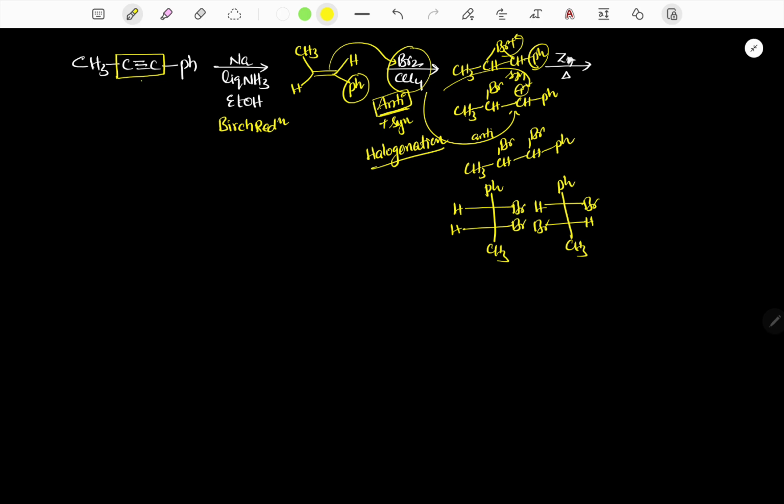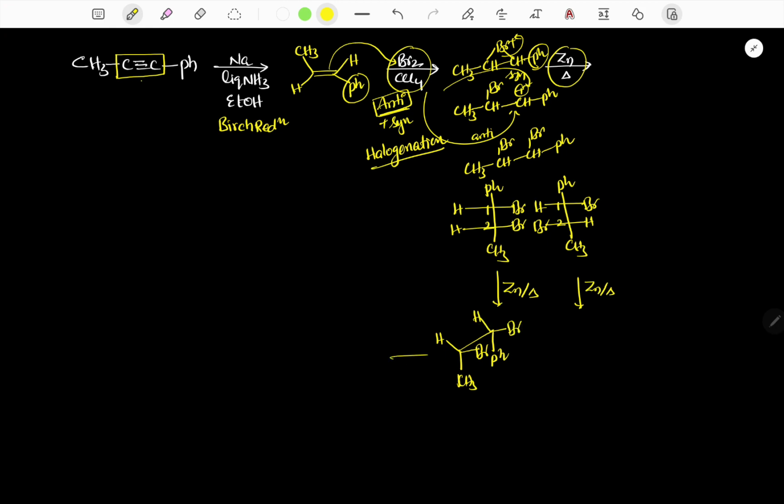Now it is treated with zinc and heat. So a 1,2-dibromo compound treated with zinc. So here simply we have to do anti-elimination. So to do anti-elimination, first we have to convert the structure into a Fischer projection. It is a Fischer projection.